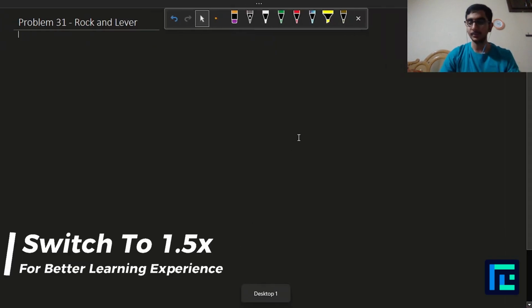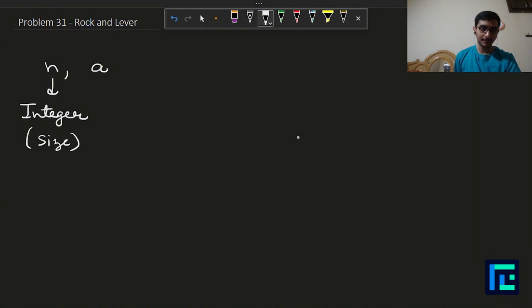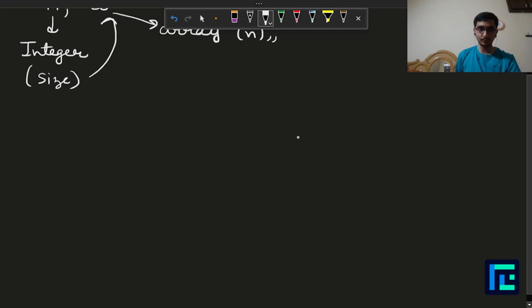Now as you've read the problem statement, we can move on to discuss it. For every test case, we are given two things, n and A. n is an integer which denotes the size of our array A, so our array A is of size n. Now we are asked to find the number of pairs i, j such that i is less than j and they lie between 1 and n.